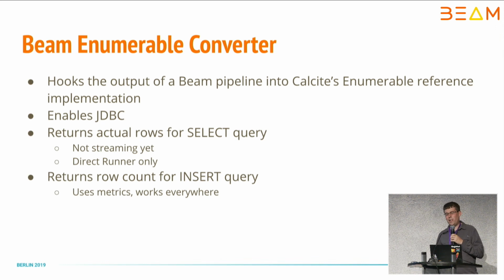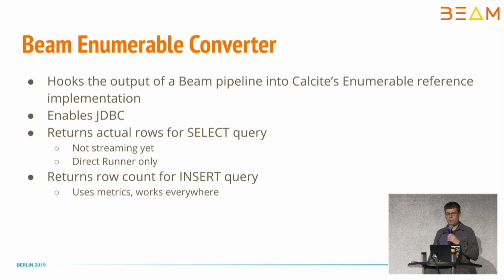It's not quite a Java list, but it's more or less a Java list. And so what we do is we have this operator that generates a pipeline, goes and runs that pipeline, collects back all the results, and returns those to Calcite, which then bubbles it up to your SQL shell.